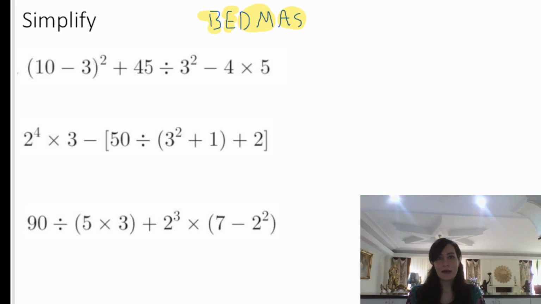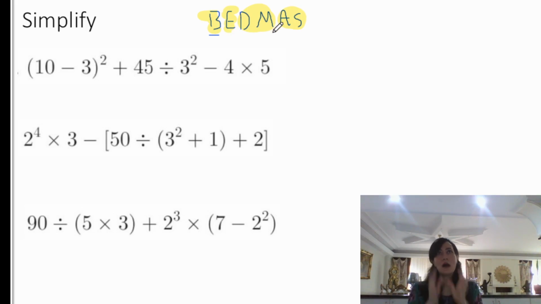They are in the same order, so I have to do bracket or parentheses before exponent. Then I will go for exponent to see if I have any exponent or power or not.